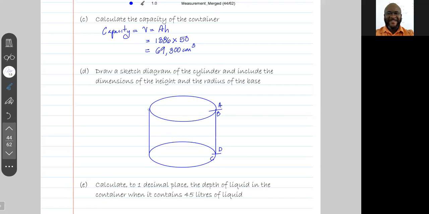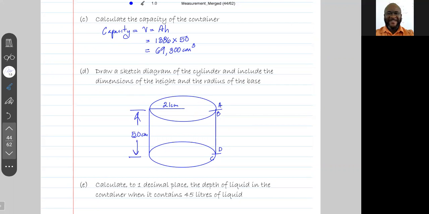So the radius is 21 centimeters and the height is 50 centimeters.